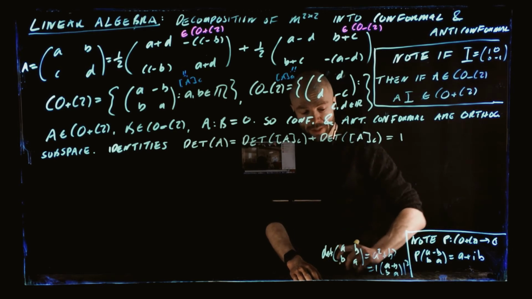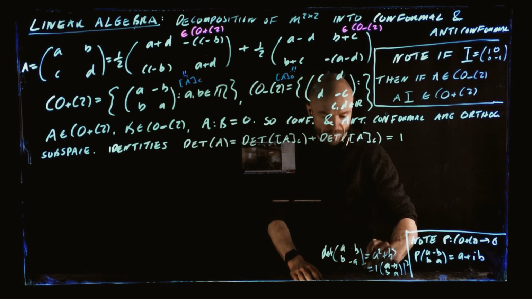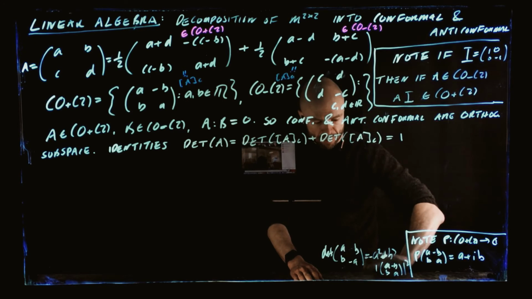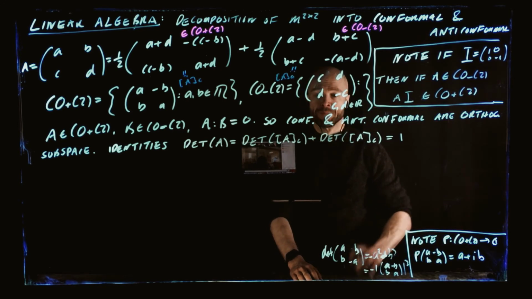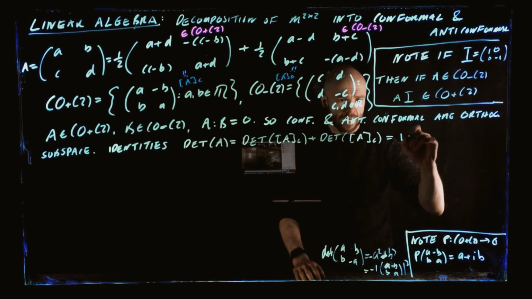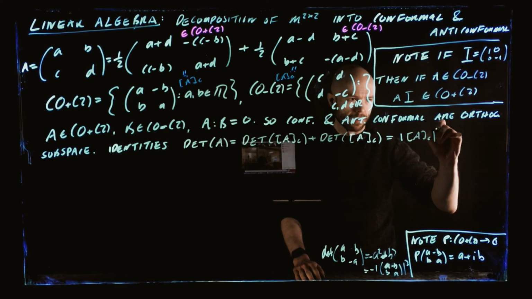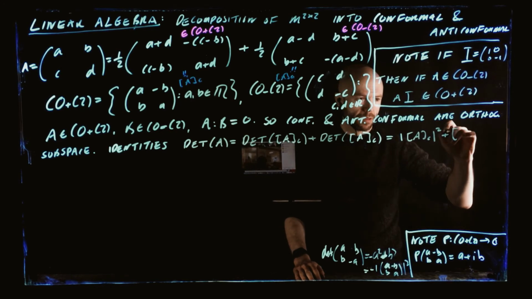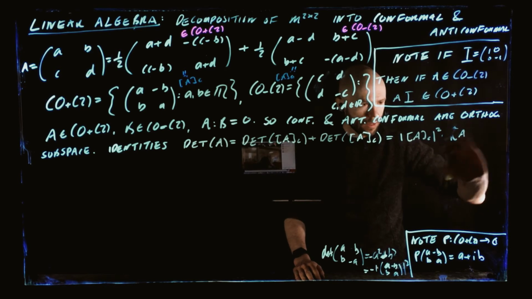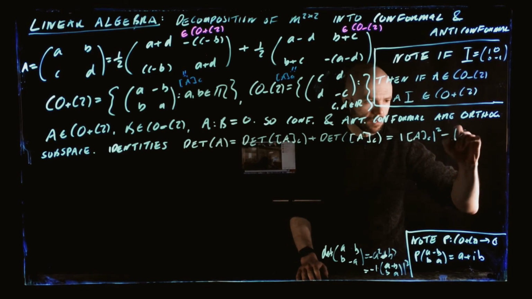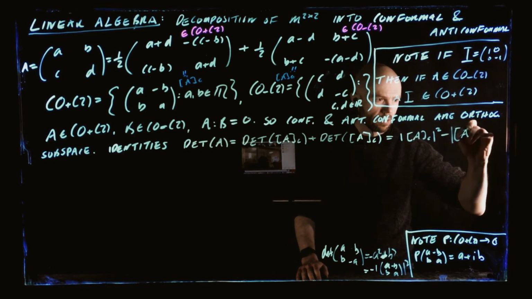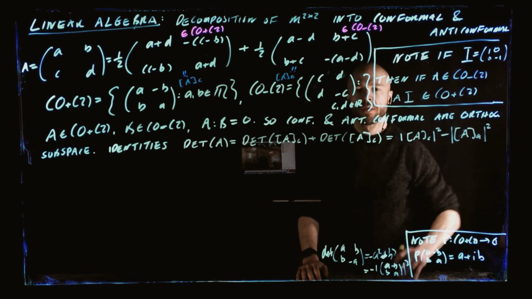But the determinant of an anticonformal matrix is negative, right? So if it's anticonformal, it's going to be minus this. So we have that this is the same as the Hilbert-Schmidt norm of A conformal squared minus the Hilbert-Schmidt norm of A anticonformal squared. Right?